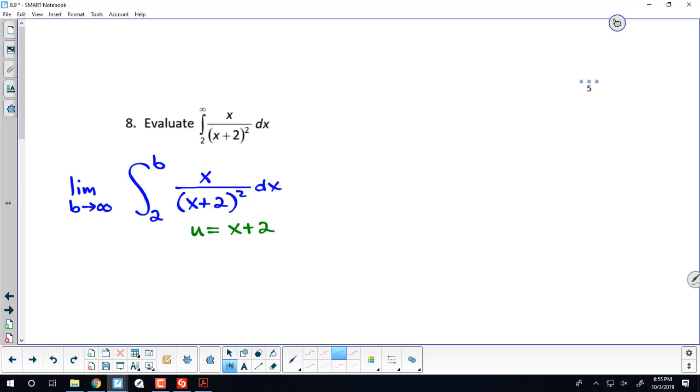But let's let u equal x plus 2. Then du is dx, and from here we know that u minus 2 is x.